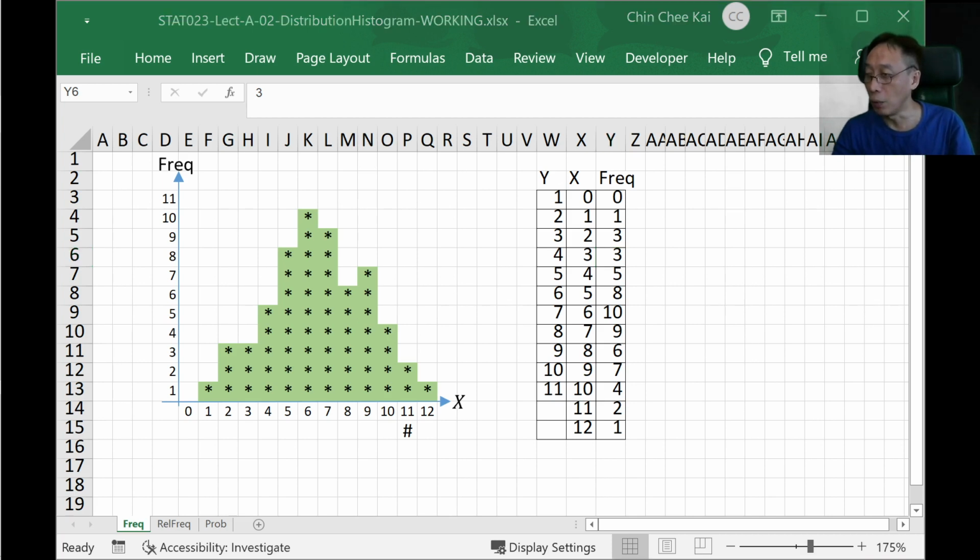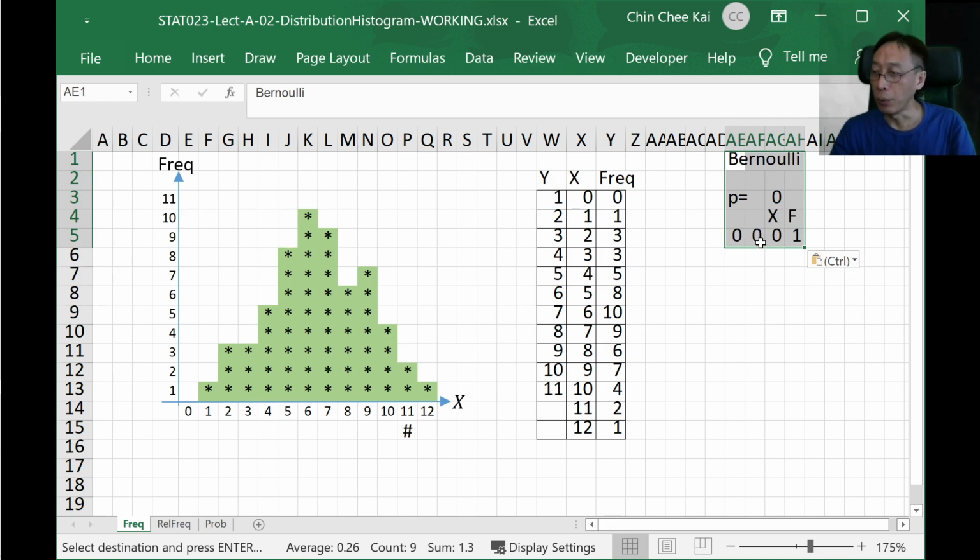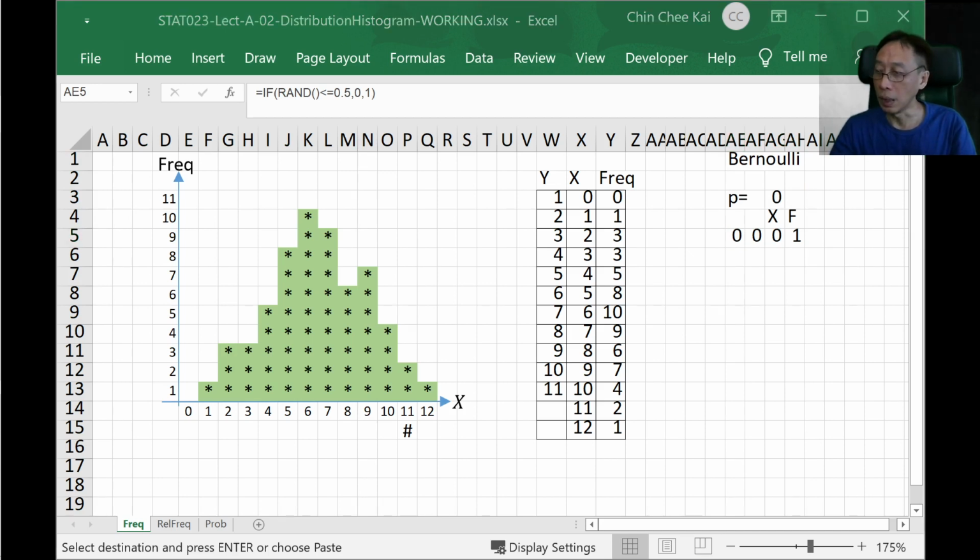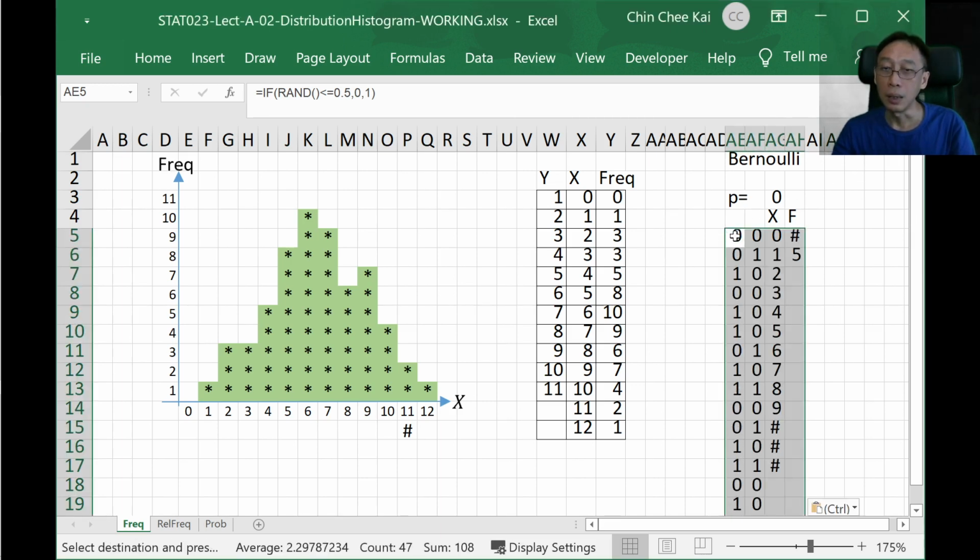Let me, by way of generating a bunch of Bernoulli data, generate a bunch of zeros and ones, like this.